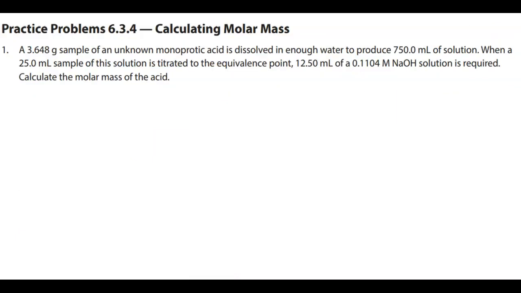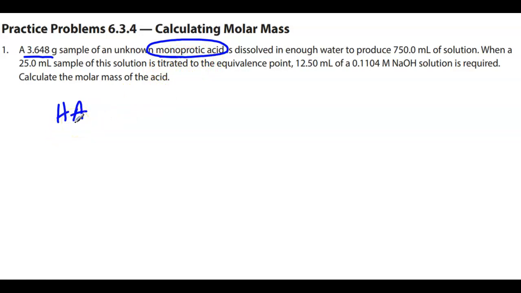The next category or scenario you're going to come across is determining the molar mass of an unknown reactant. Okay, so let's take a look at this. We have a 3.648 gram sample of an unknown monoprotic acid. A monoprotic acid basically means it's like a binary acid that has only one proton.